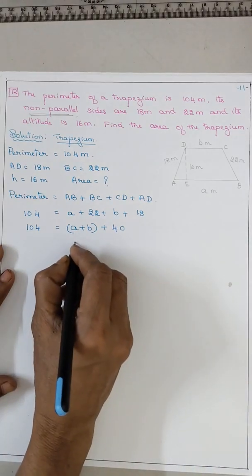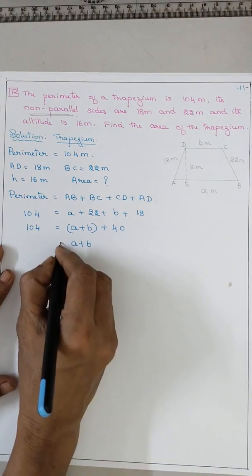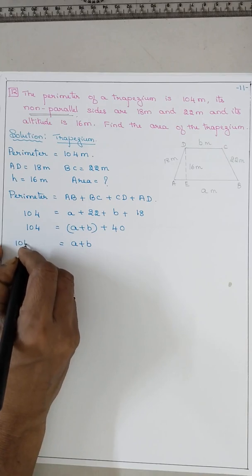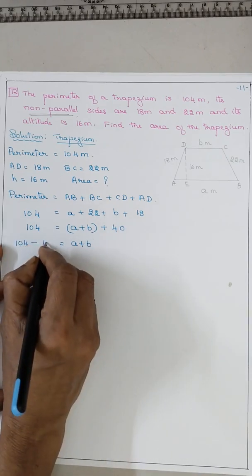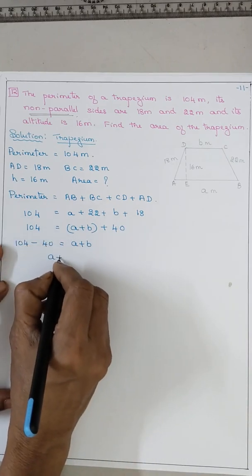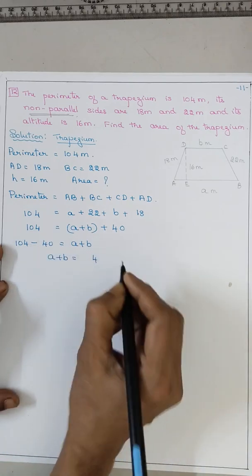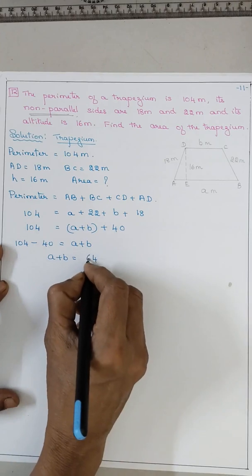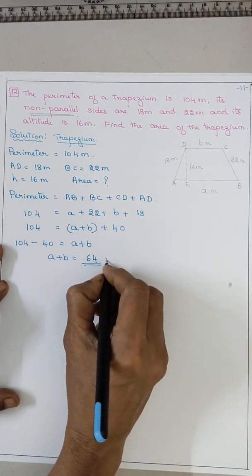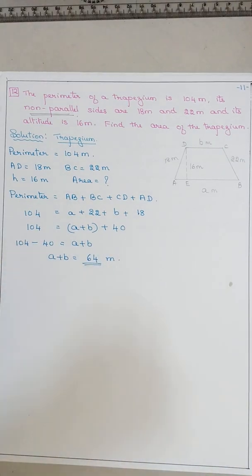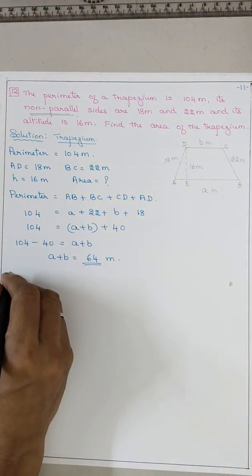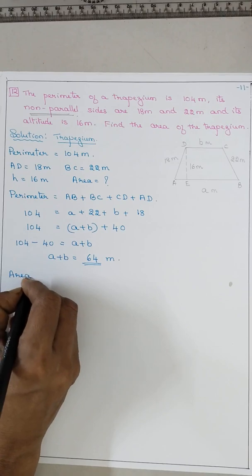So A plus B is equal to 104 minus 40. 4 minus 0 is 4, 10 minus 4 is 6, so 64 meter. So you got A plus B. Now find out area of trapezium.